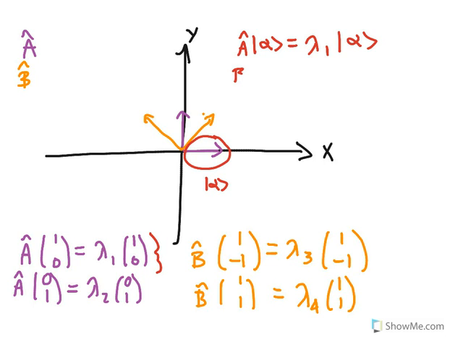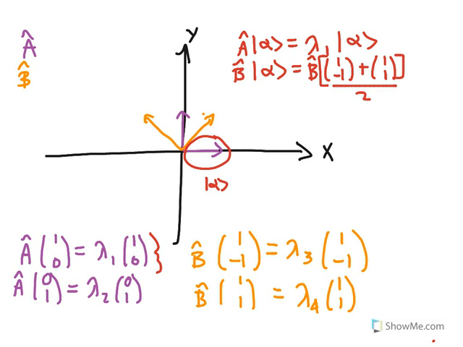But if I were to apply B hat on alpha, this is equal to B hat times ((1, -1) plus (1, 1)), all of that divided by 2, right? Just because that's equal to (1, 0).